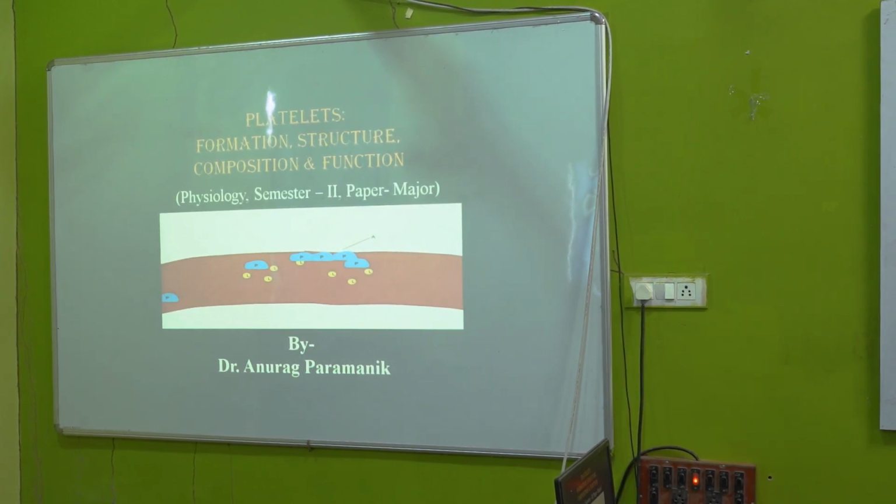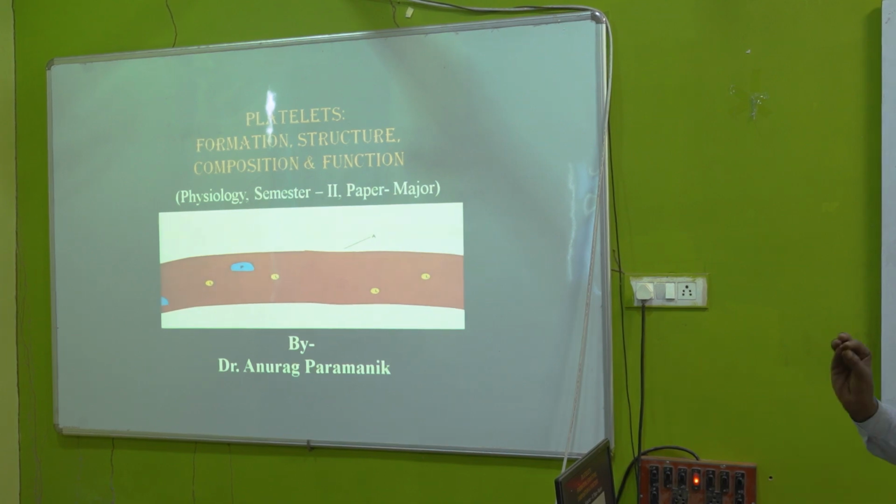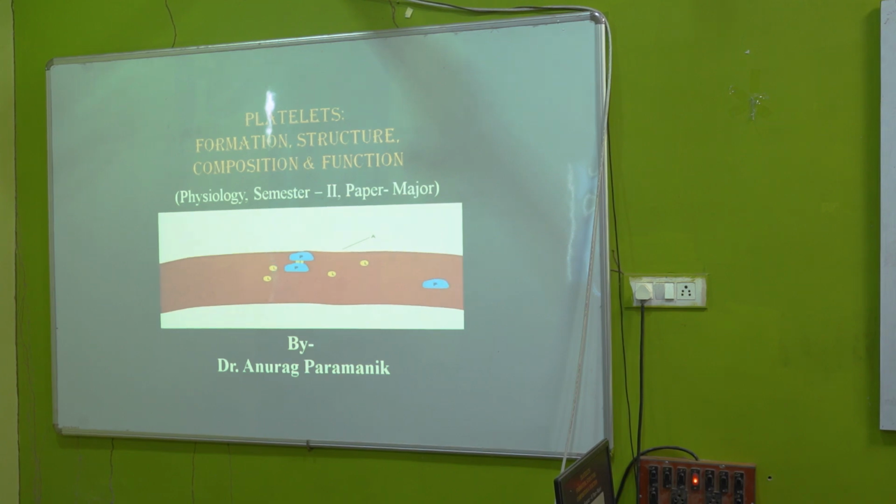After a cut or injury, when blood capillaries are damaged, blood comes out from the capillary through the injured portion. To minimize the bleeding, platelets are involved. This overall mechanism of blood clotting is known as hemostasis.